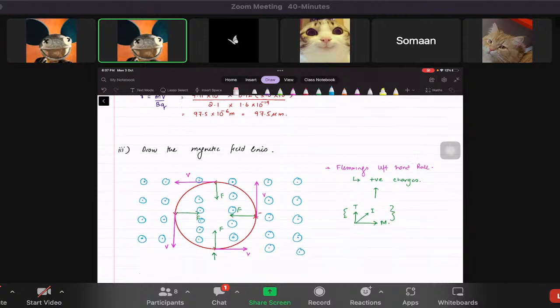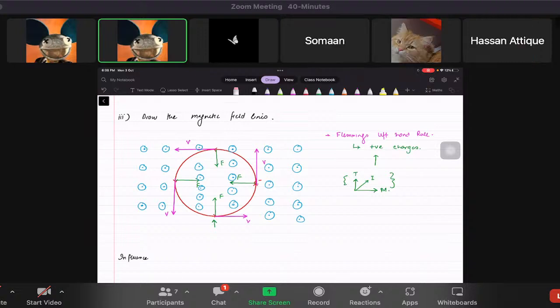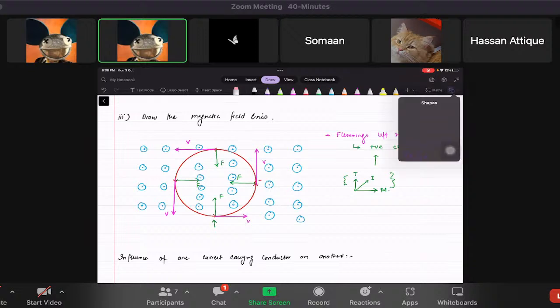Now back in O levels, you used to learn about the influence of one current carrying conductor on another. I'll just remind you this, and you will be like, oh yeah, we studied this.